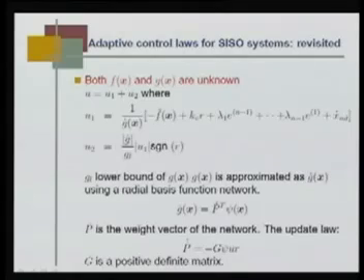Similarly, we also proposed a control law for when this affine system has both f x and g x unknown. Again, for your memory, I rewrite it as f x plus g x u. In this, the control law is given by u 1 plus u 2, where u 1 has a similar structure, except that instead of g x we have g hat x, and instead of f x we have f hat x, the estimate of f x, because we do not know f x and g x.